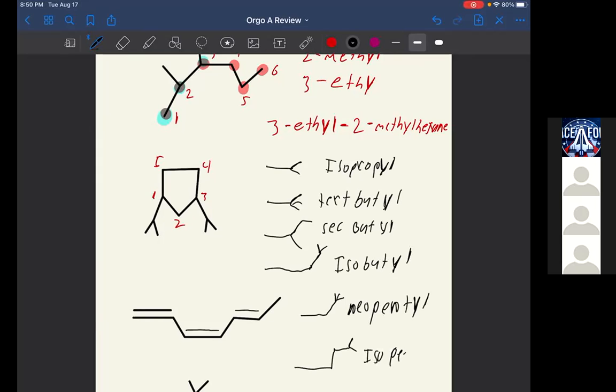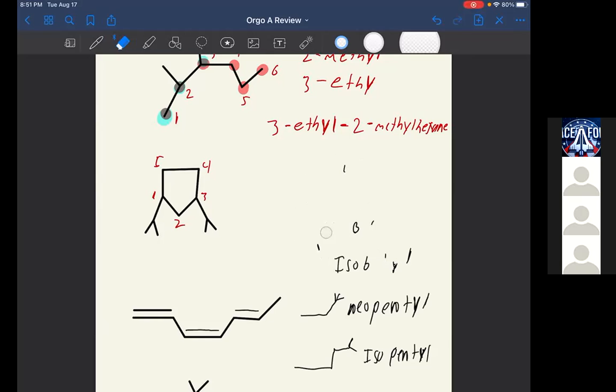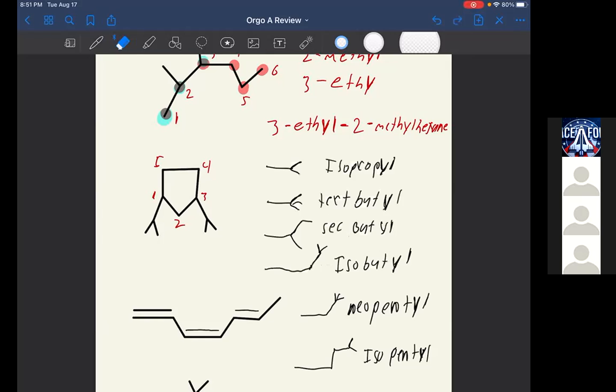Isopentyl. So these are the only substituents that actually have specific names that don't utilize the methyl, ethyl, and all that. So since this molecule actually possesses 2 of those specific substituents that have unique names. Oh, sorry.